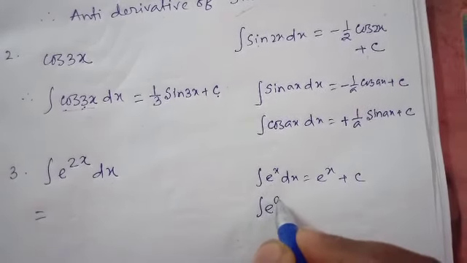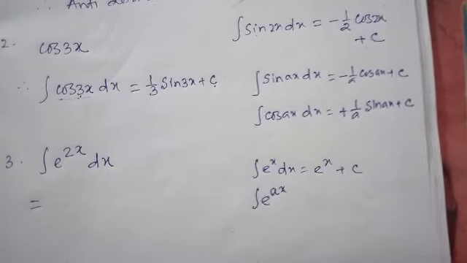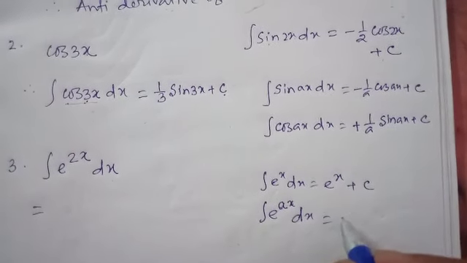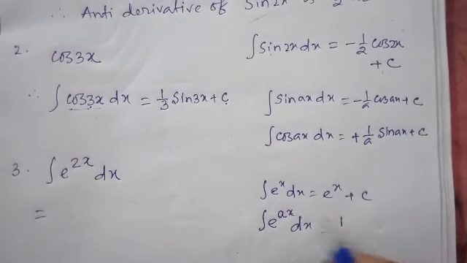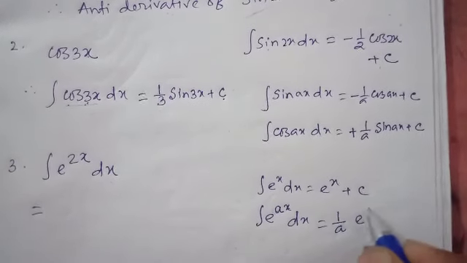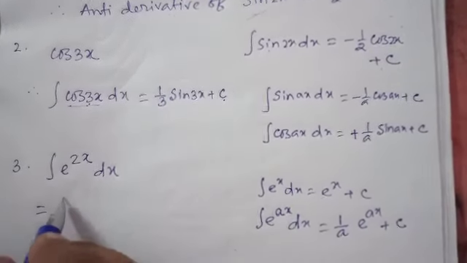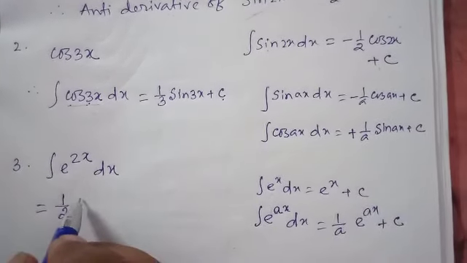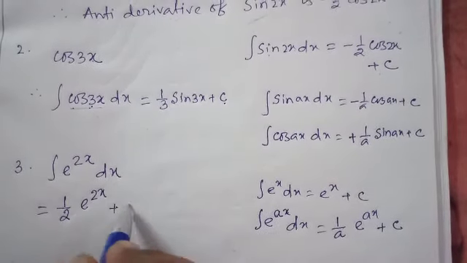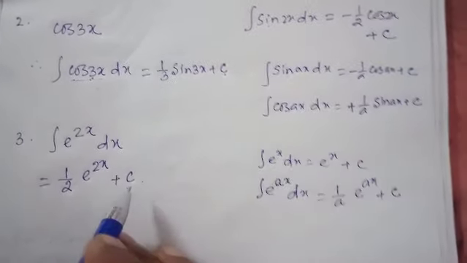The integration of e to the power ax dx, where a is multiplied with the variable, equals 1 by a e to the power ax plus c. So using the same formula, we get 1 by 2 e to the power 2x plus c, where c is your integrating constant.